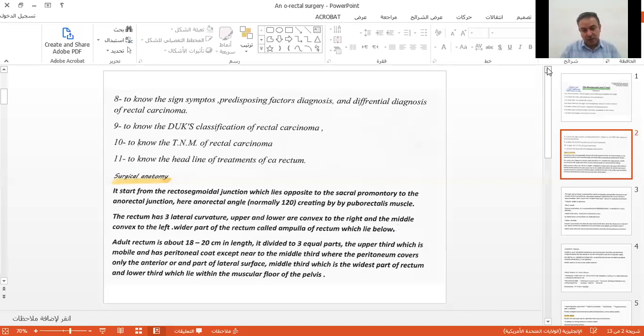The middle third, where the peritoneum covers only the anterior and part of the lateral surfaces, and the lower third, which lies within the muscular floor of the pelvis. So the rectum has 3 parts: upper third covered by peritoneum, middle third covered anteriorly, and lower third extraperitoneal, devoid of peritoneum.